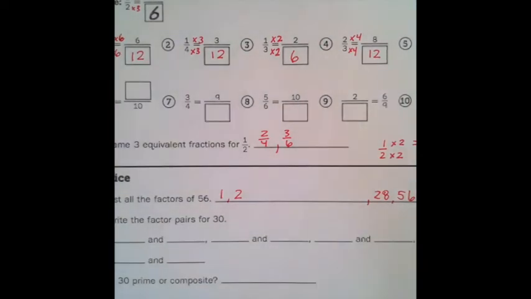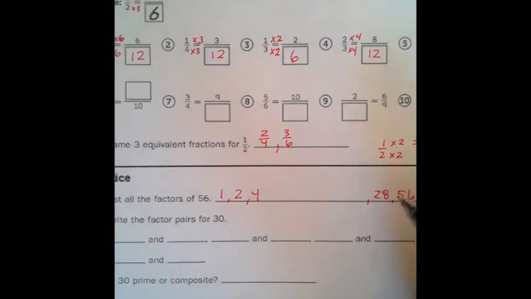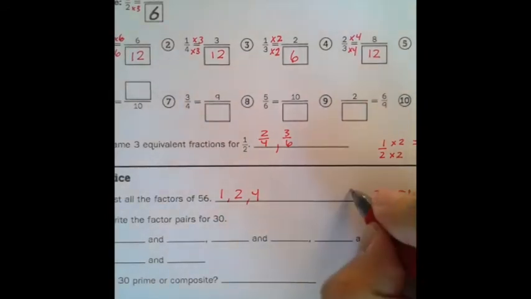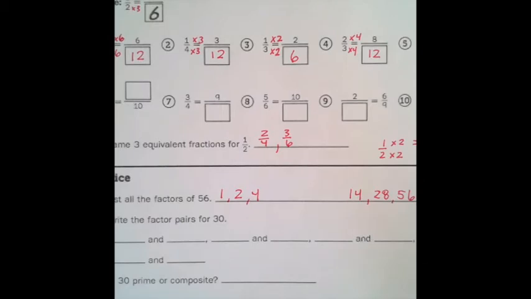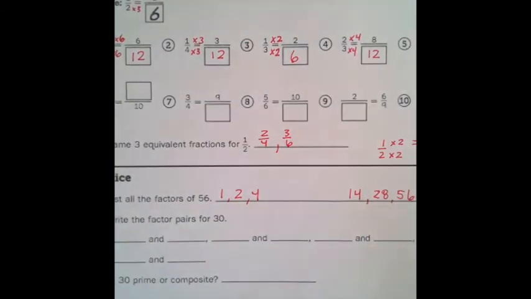Does 3 work? Does 3 times anything work? No, it does not. So 3 is not a factor. How about 4? Can you divide 56 by 4? The answer is yeah. So if you go 4 times 14, you'll get 56. So 4 and 14 are factors of 56.